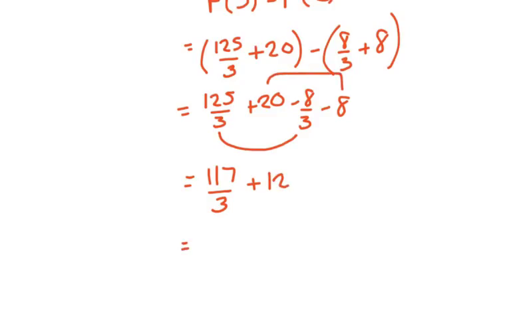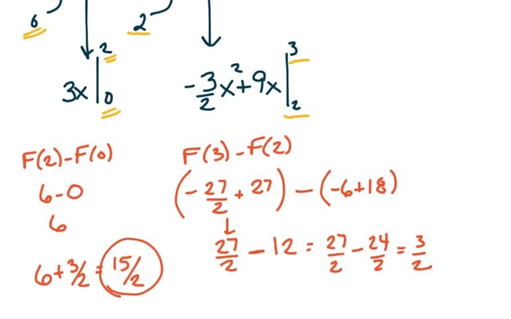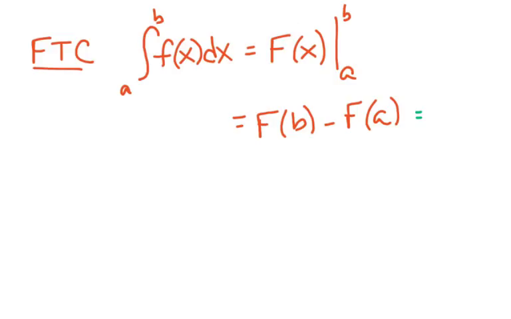And 117 thirds simplifies to 39, and 39 plus 12 is 51. Okay? So that is what you're going to do now. You're just going to apply the fundamental theorem of calculus. This rule right here. Plug in b, plug in a. All right? So, make sure you have this in your notes.